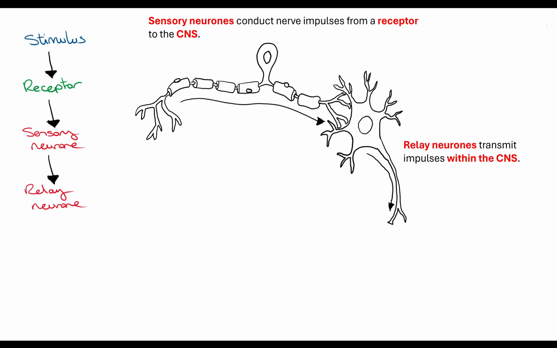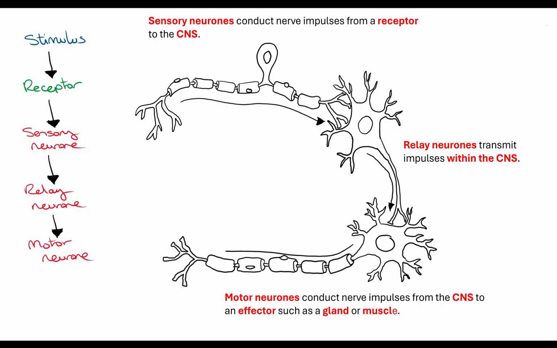So to pass the impulse onto another neuron, that's where we bring in our relay neurons. Now that tends to be within our central nervous system, our brain, our spinal cord. So these relay neurons have got dendrites, they have got axons, they've got a cell body, but what we tend to find is these are much shorter.